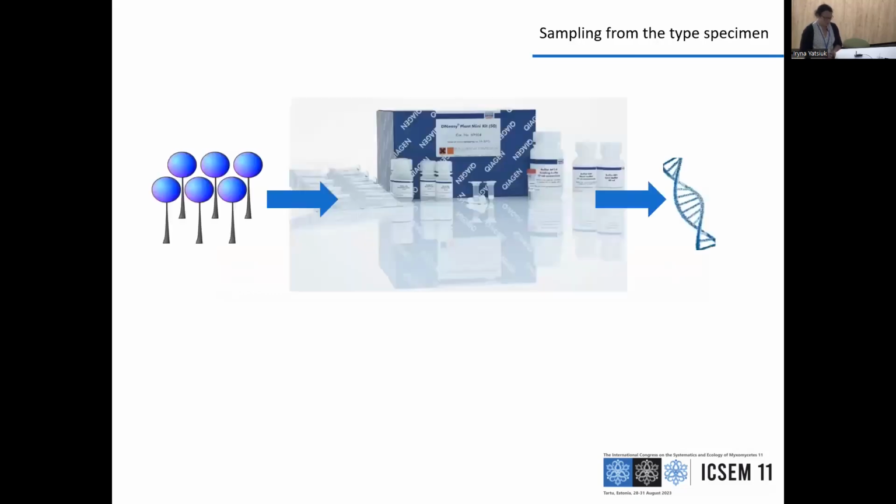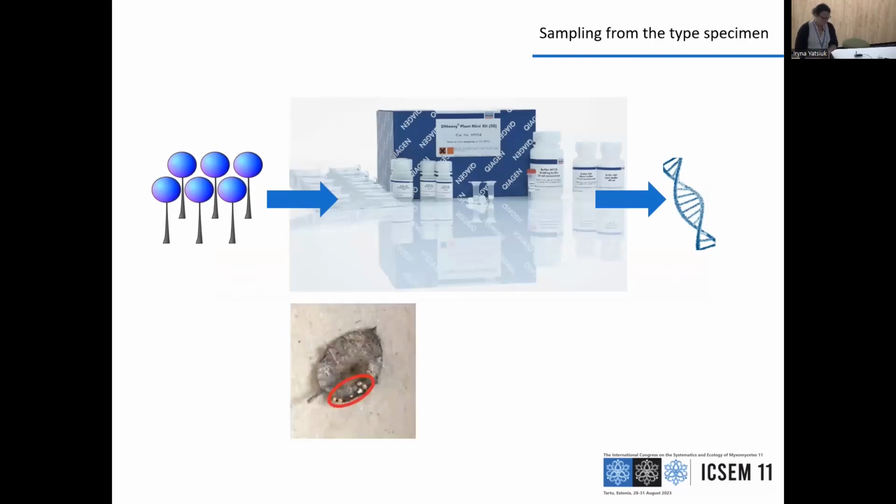Another problem we met, when we want to sample from type specimens for phylogenetic studies, is the sampling for DNA analysis. The problem is that the most common isolation kits used in myxomycetes require removal of several sporocarps.